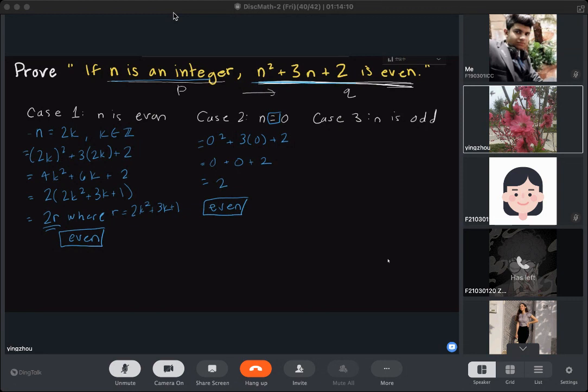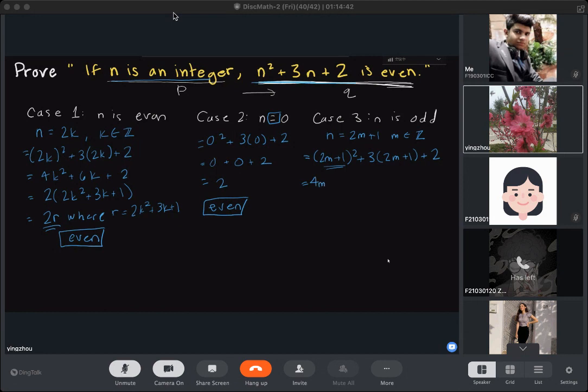So if n is odd, then I'm going to say n is equal to 2m plus 1 for some m that is an integer. And I'm going to do the same thing I did before for case 1. I'm going to say n squared, so n is now 2m plus 1 squared, plus 3 times 2m plus 1, plus 2. Remember that I'm FOILing this, I'm not just squaring each of the terms.